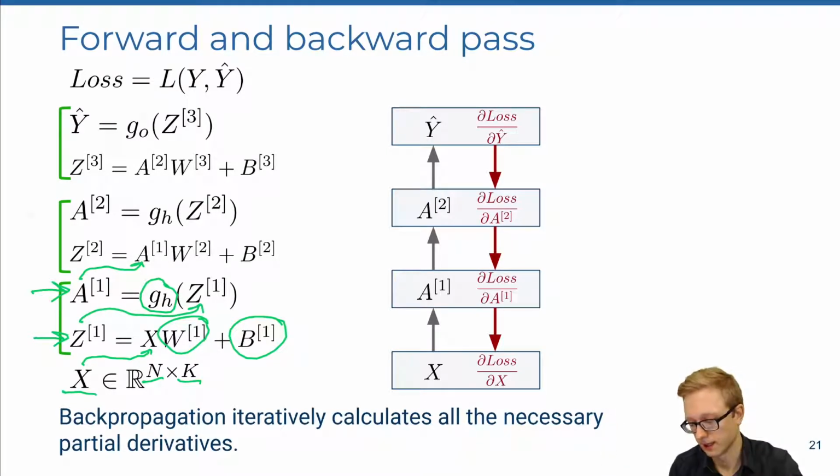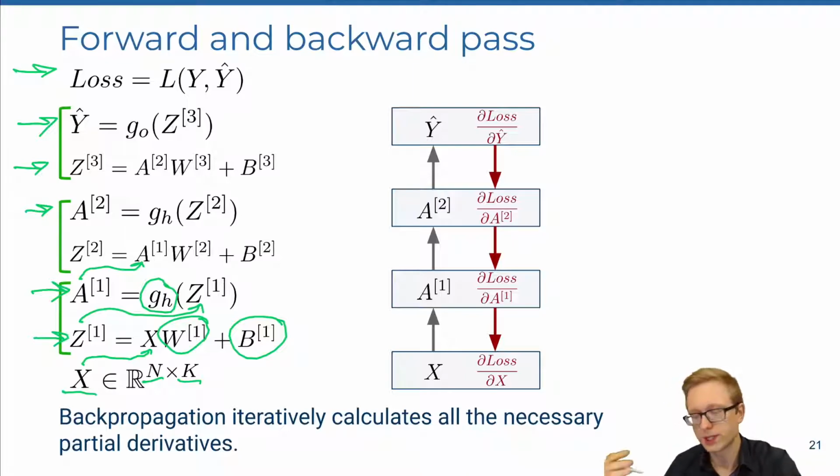We again apply an activation function. This goes into another linear transformation, and at the very top we have the output layer, and there we apply the activation function that we want for our output. And finally, we calculate the loss. So this is the loss score that we previously discussed, and it determines how well our model is performing.